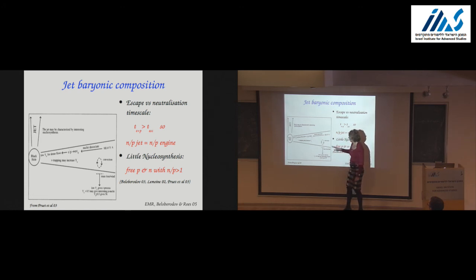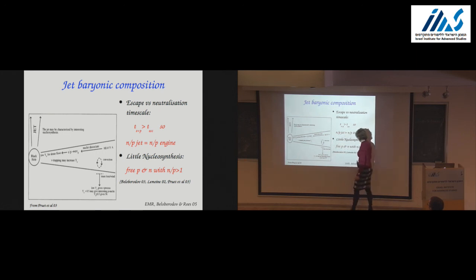So it turns out that if you calculate the time for the matter to be entrained and escape in a jet, this is shorter than the beta decay time, the time for a neutron to go back to a proton by beta decay.